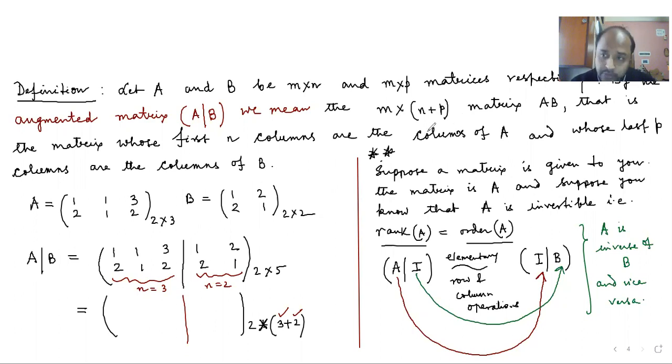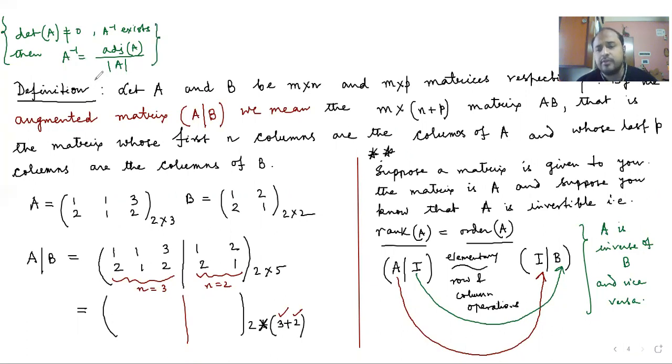Previously, what did you do to find the inverse? You checked that determinant of A is not equal to 0 and A inverse exists, then you used this formula to calculate A inverse: adjoint A, which is the transpose of the cofactor matrix, divided by determinant of A. For some problems you can use this result, but if the matrix is of higher order, then the determinant is not very helpful.